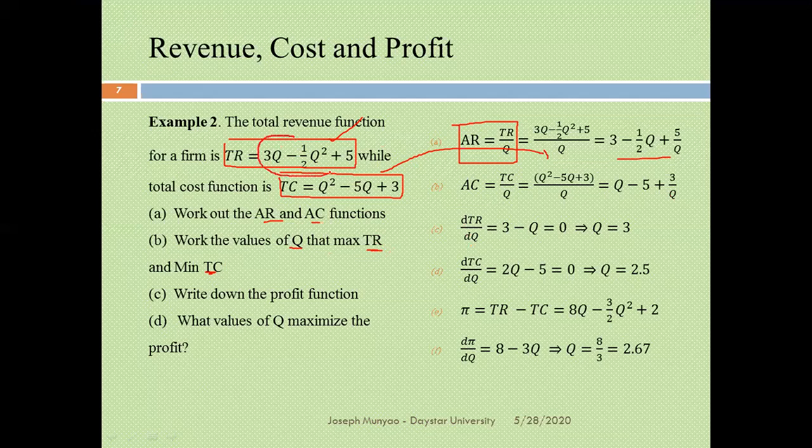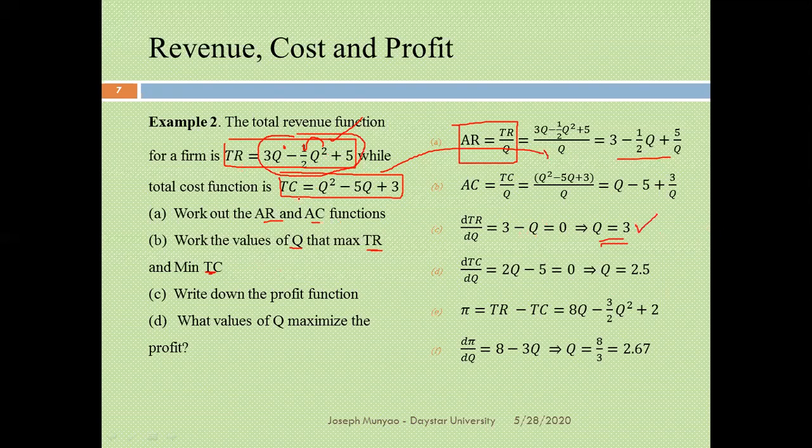You start with 3, because the power of Q is 1, so it reduces to 0, minus the power of 2 comes down, so you get 2 over 2, which gives you minus 1, and then the power of Q is reduced to 1, so it gives you Q. You equate with 0, and when you solve, the total revenue is maximum at 3.